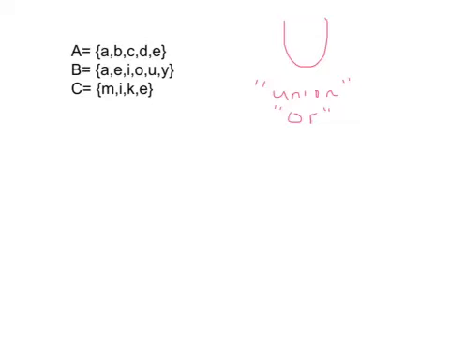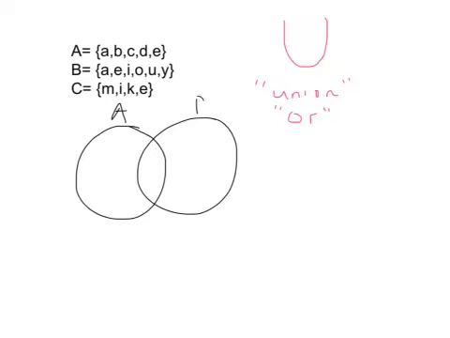Union, this is a really important idea, and I think for this it might be helpful for us to draw a Venn diagram. I imagine most of you have drawn a Venn diagram before. If we think about set A and set B, well, they share a couple different elements. What do they share?